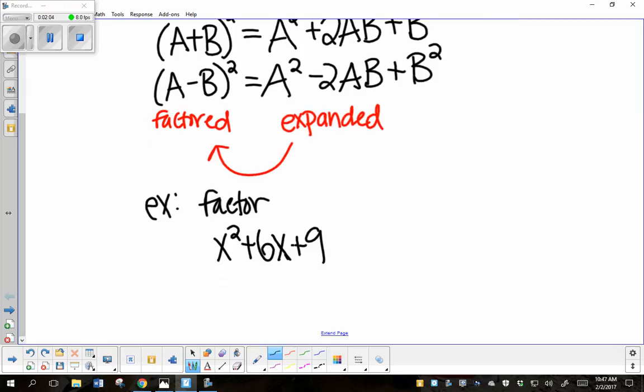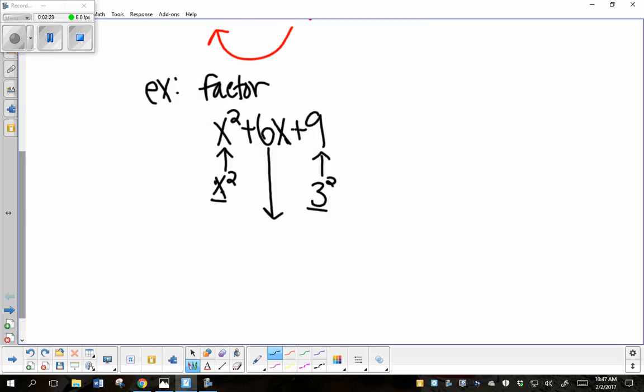So what we have here is x squared. Our last term is a perfect square, it's 3 squared. And then our middle term should be 2 times these two things, so 2 times x times 3, and 2 times x times 3 is 6x.